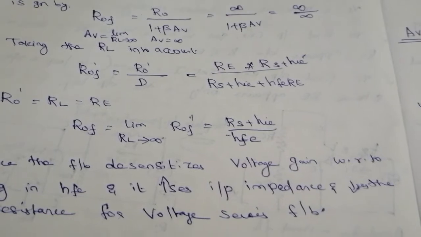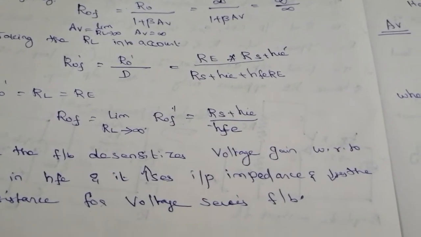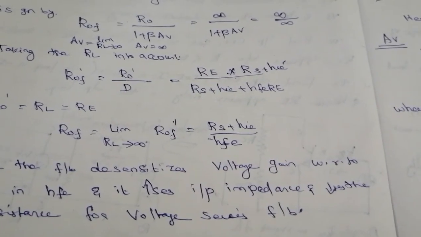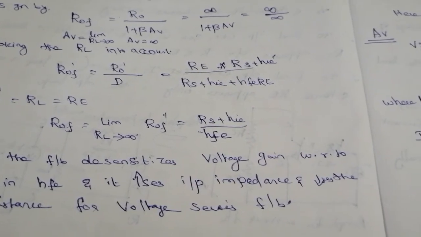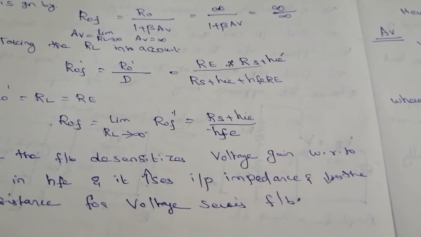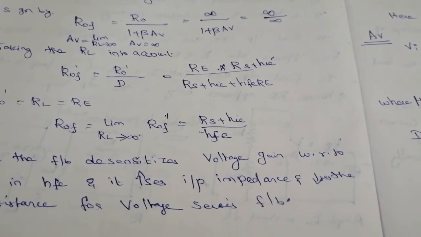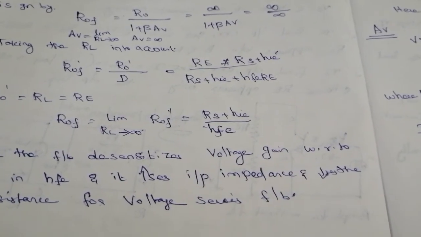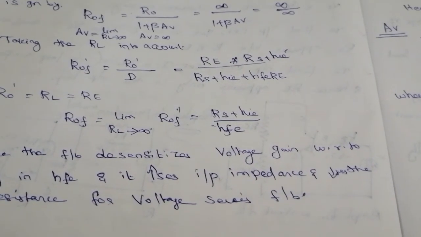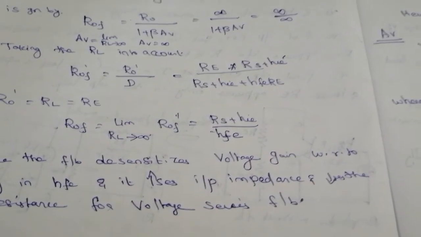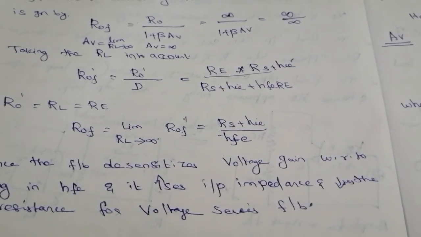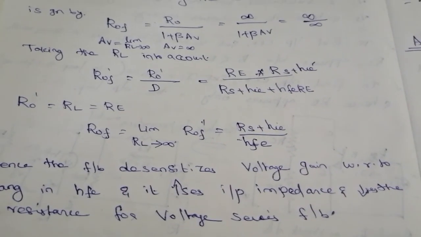By using that formula we can find the with feedback. We already know the with feedback formula AVF equal to AV by 1 plus A beta. The AV we have already derived. Then by simple substitution, simplifications and additions, we can find the particular values.